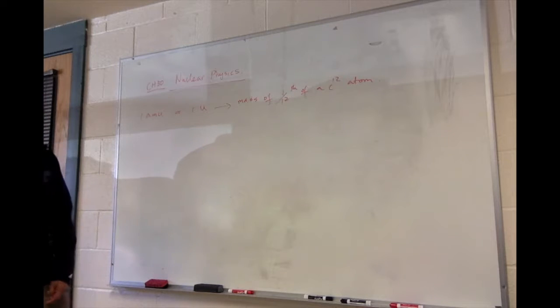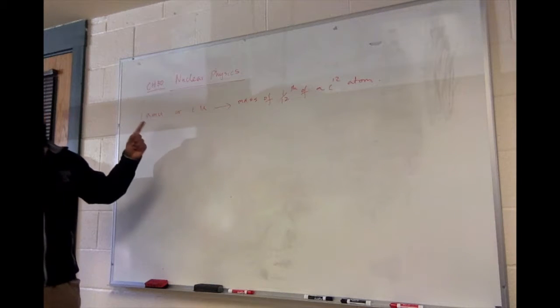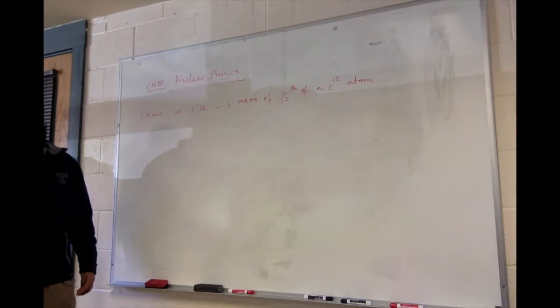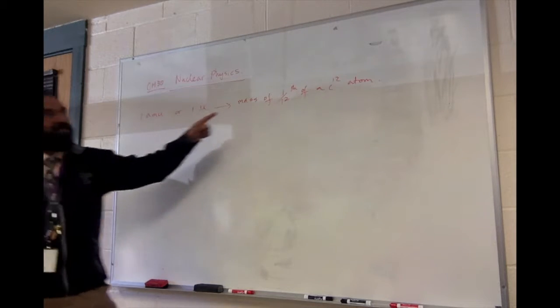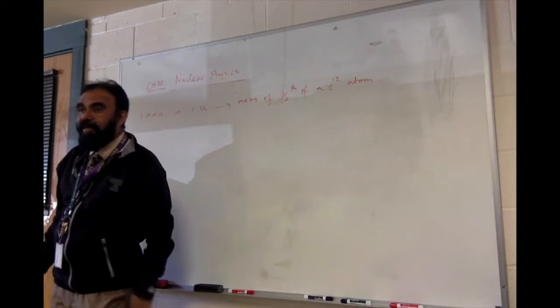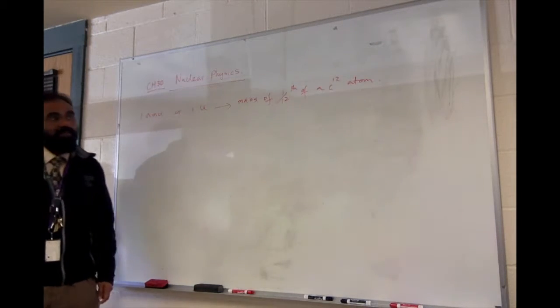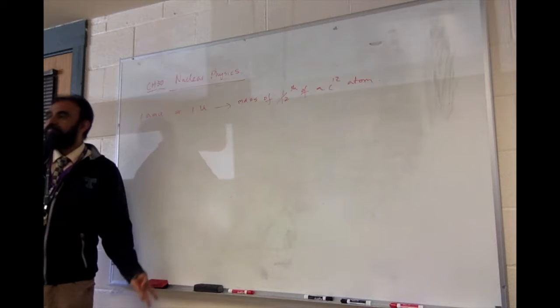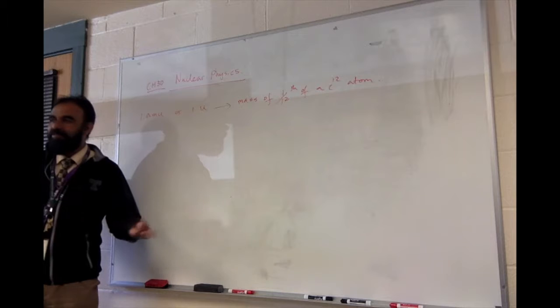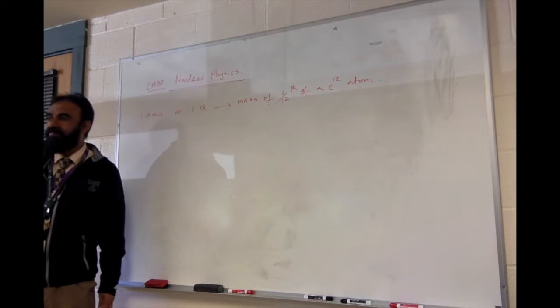So what is this one atomic mass unit? It's the mass of 1/12 of a carbon-12 atom. So what is that representation of 12? 12, we call it the mass number. And what is that mass number? It's the mass of one atom, right? But again, is it 12 what?